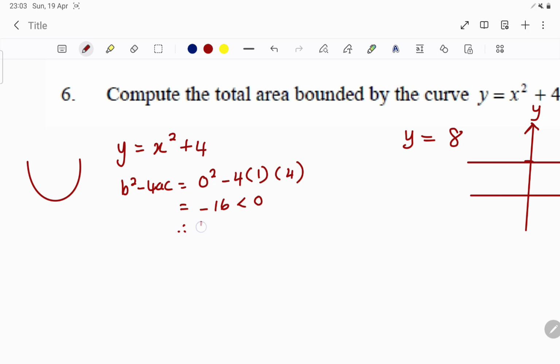When it is less than 0, you have no solution, so your graph won't touch the x-axis.